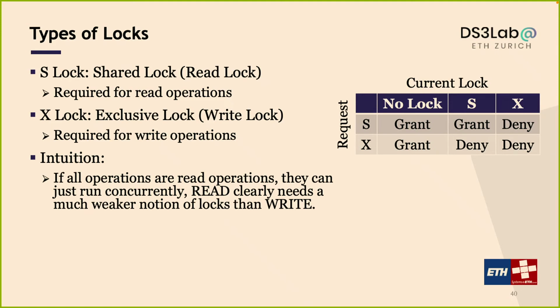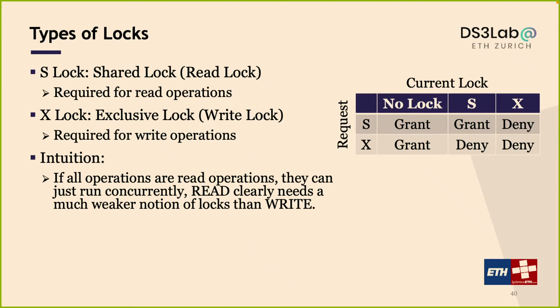Assuming no one is holding the lock, and someone acquires a share lock, the system is going to grant it. On the other hand, when someone is holding the share lock and someone else tries to acquire another share lock, the system is going to grant it because two transactions can read the same thing together.